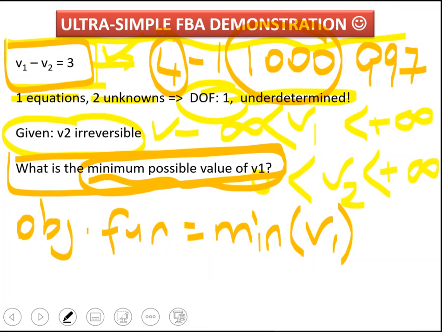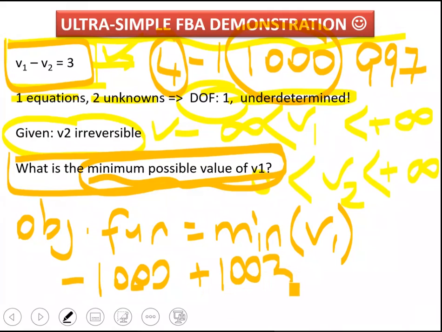For example, can V1 be minus 1000? In this case, V2 has to be minus 1003.